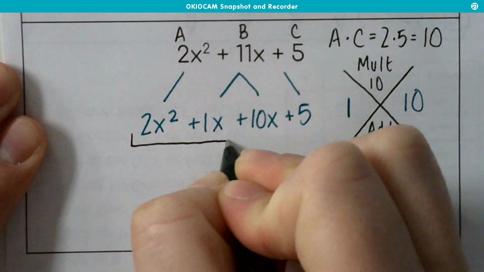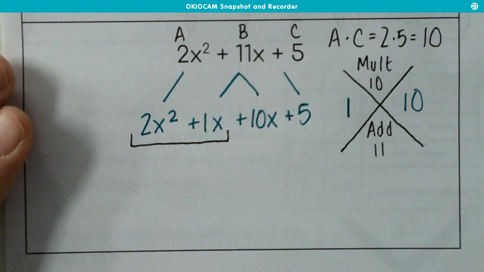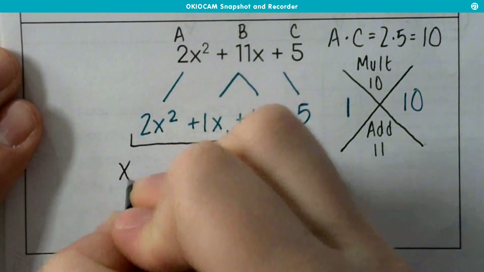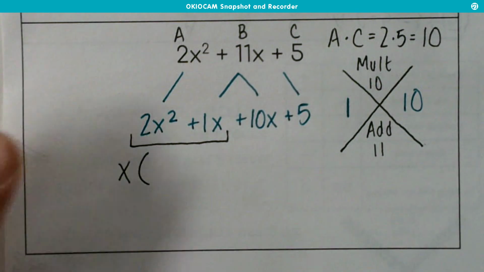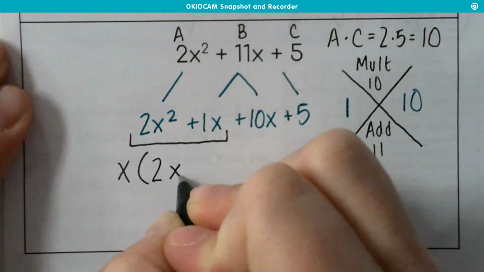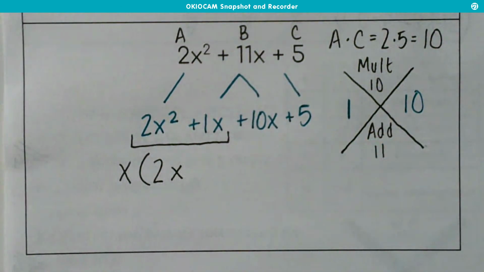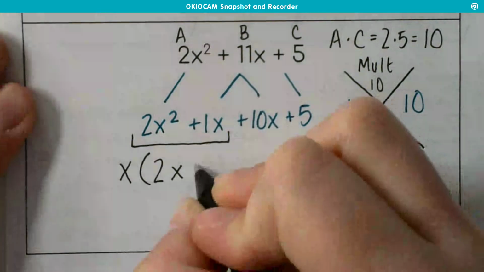Out of 2x squared and 1x, I can divide out an x. 2x squared, dividing out that x, is just going to be 2x. And then 1x, dividing out the x, just leaves behind the 1.